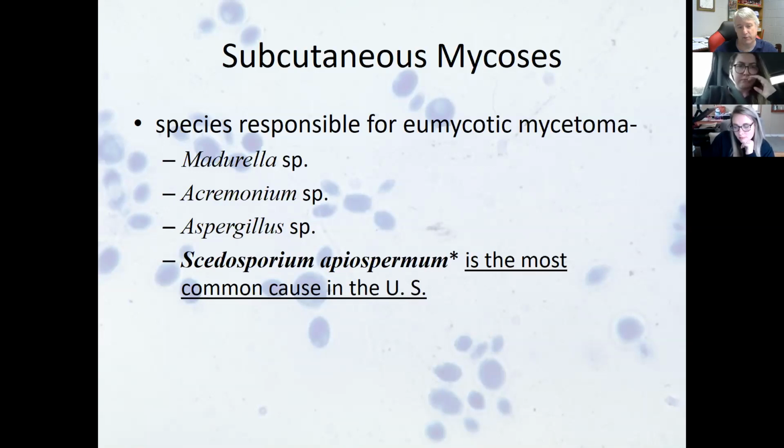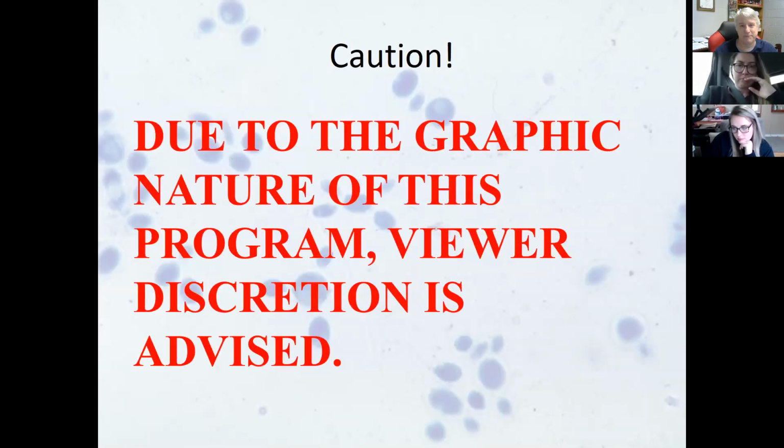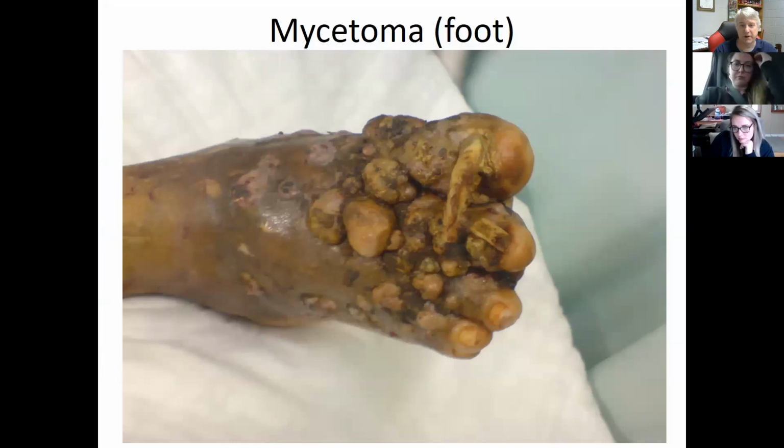And I think we had that one on our list to look at on Thursday, right? A week from today. So we have some pictures, of course. So here's a mycetoma on the foot. Remember, that's where the majority of them occur.